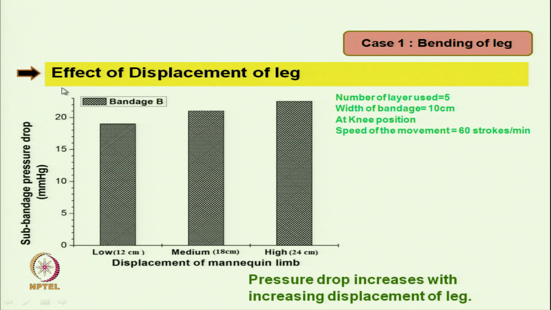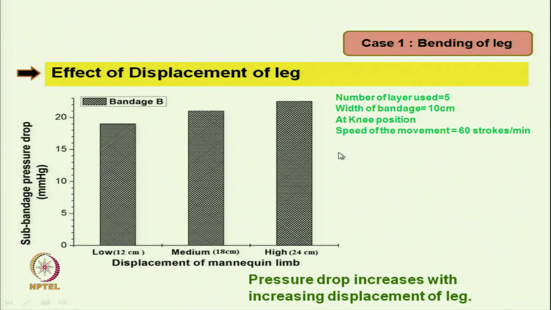Again, the effect of deflection: if you can see the leg deflection of 12 centimeter, 18 centimeter and 24 centimeter, the pressure drop is higher for 24 centimeter, that means a reduction in pressure after 2 hours.